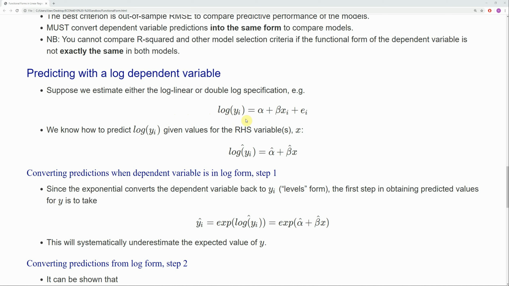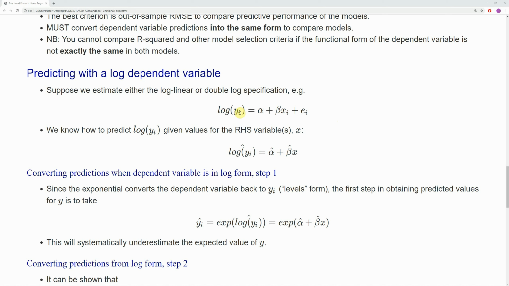So suppose we want to estimate a log linear function like this. It could be double log too, but if you have a log of xi on the right hand side, we transform that into a new variable called zi. So it's a very similar case. For simplicity, just imagine a log linear function like this: log of yi equals alpha plus beta xi plus ei.